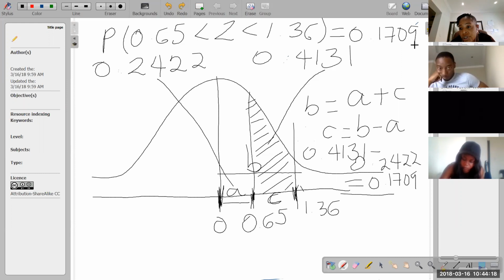Is that well understood? I can't see Wemby. I'm trying to see if I can see your faces, all of you. Luyando, I can't see your face. It's not showing.